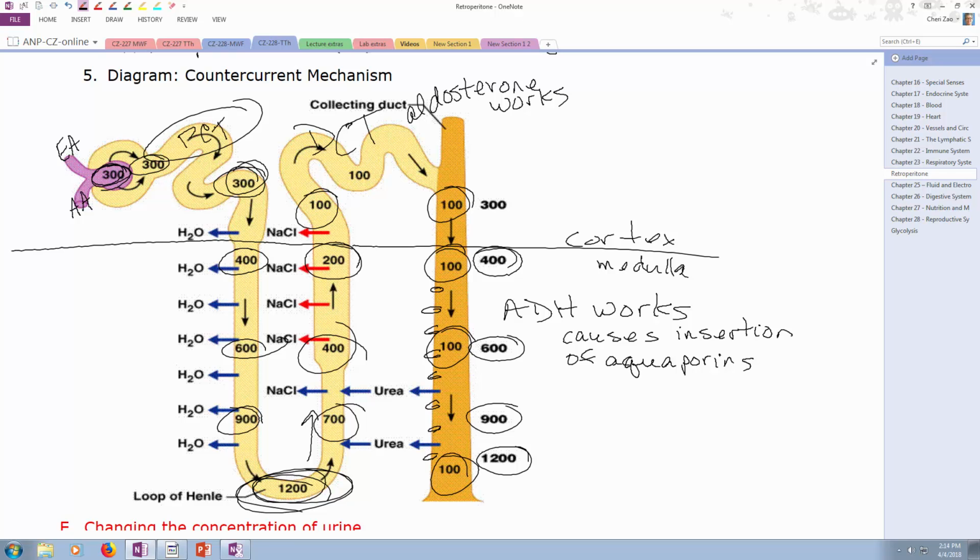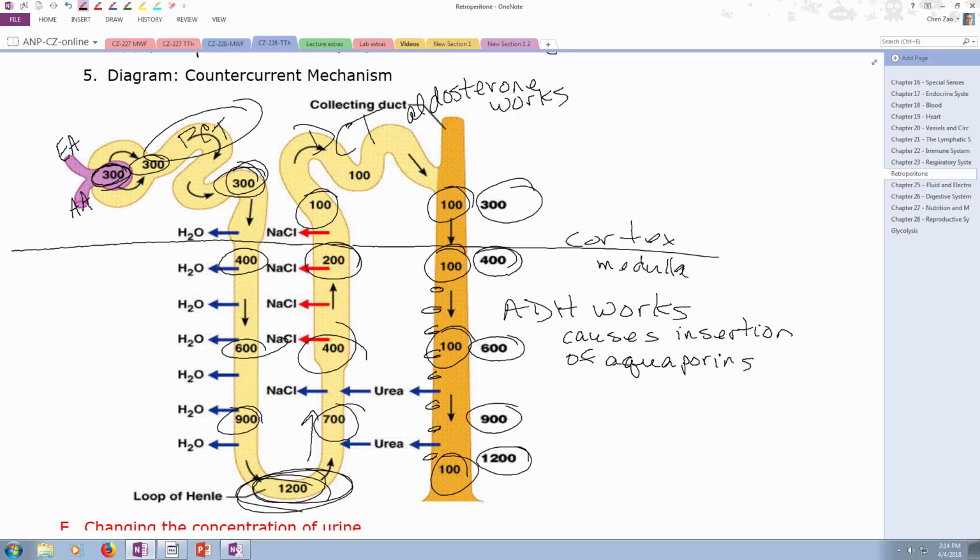The osmolarity in this area is around 300 milliosmoles. And so what's interesting is that we have the same amount of water leaving with the solutes, in relationship to the amount of solutes and water that's remaining.